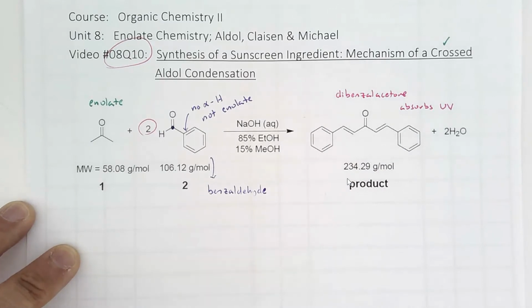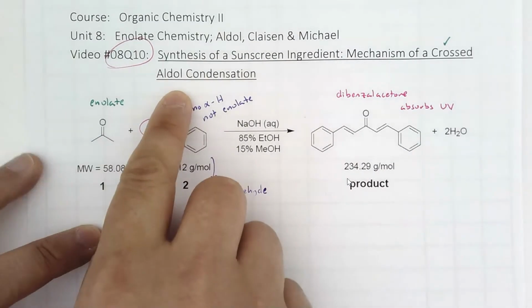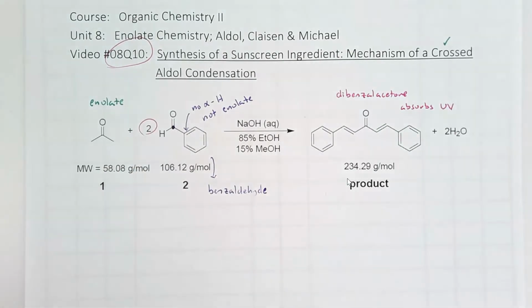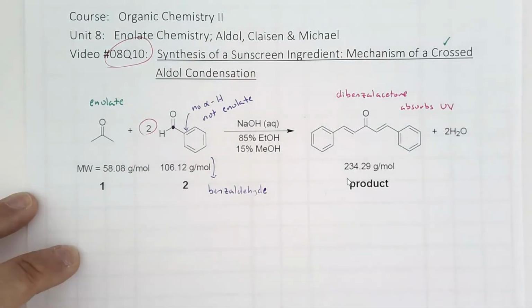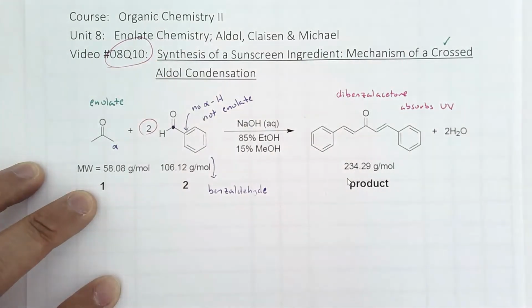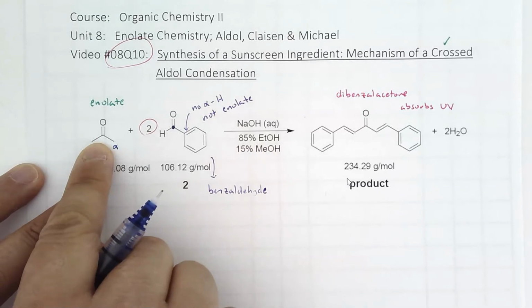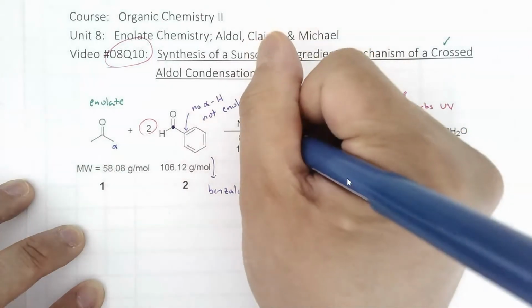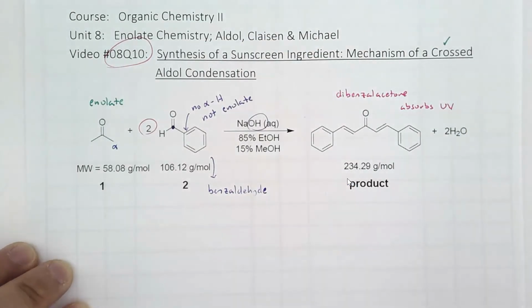I think we're ready for the mechanism. Aldols and other type of enolate reactions are driven by the fact that you can deprotonate an alpha carbon. The alpha carbon, which is the carbon next to a carbonyl group. And that's what we're going to do first, and we do have base right there. Okay.